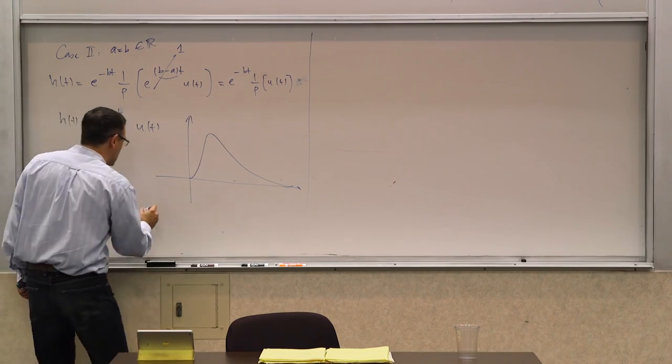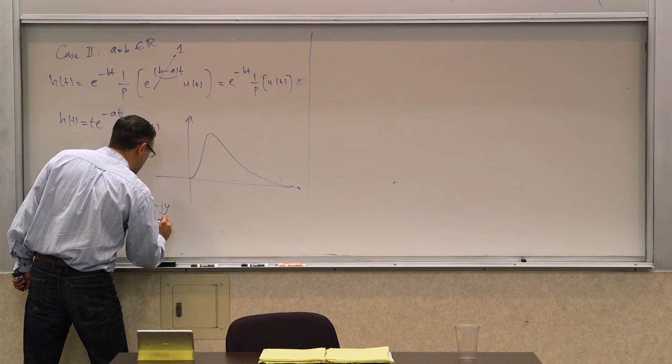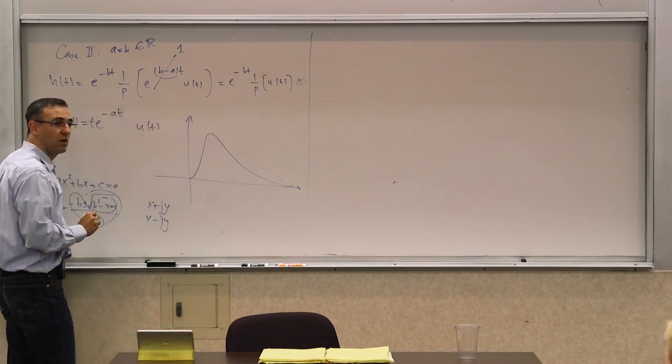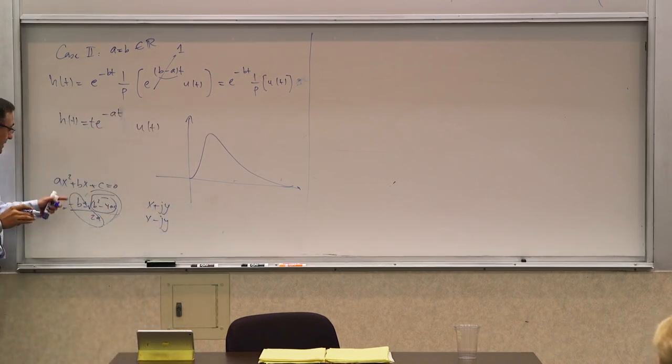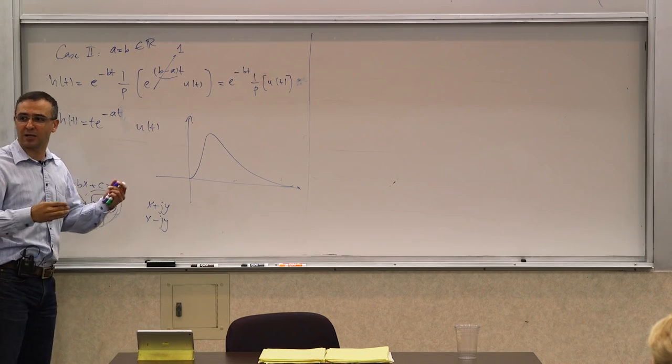So you get something like x plus jy and x minus jy. So the roots of this second quadratic equation are not any arbitrary complex numbers. Either they are two reals, or the same root repeated twice, or a pair of complex conjugate numbers. It can't be just two arbitrary complex numbers.